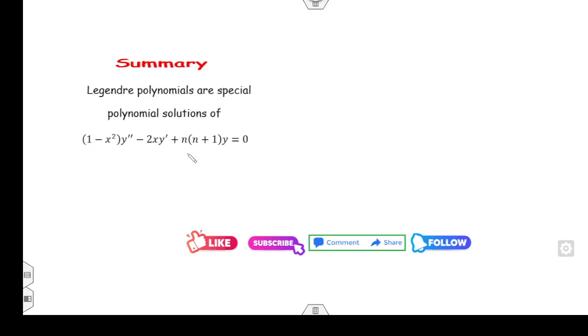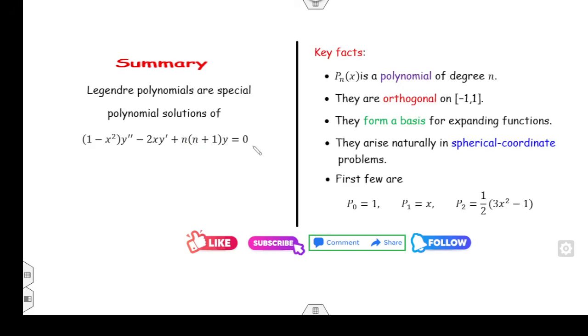So based on the special differential equation that you have obtained, the solution of this differential equation is always in the form of a polynomial, but for particular values of n, we call it the Legendre polynomial. And the key factor is that each polynomial Pn, तो इसकी degree भी n होगी.